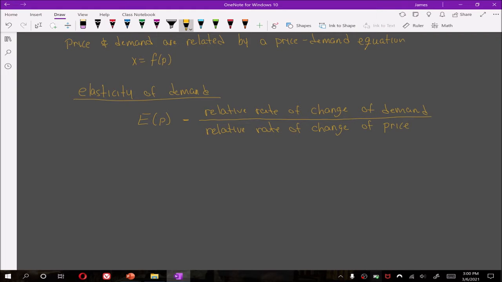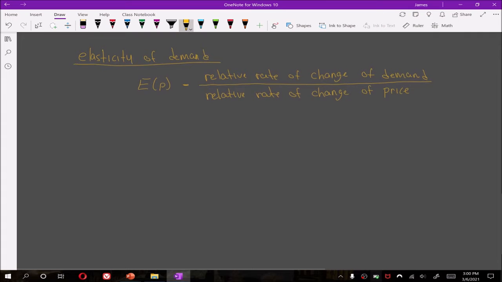In other words, this is equal to negative f prime of p over f of p all over 1 over p. Now if we simplify this, we get as our equation negative p times f prime of p all over f of p. And we say this will give us the elasticity of demand.